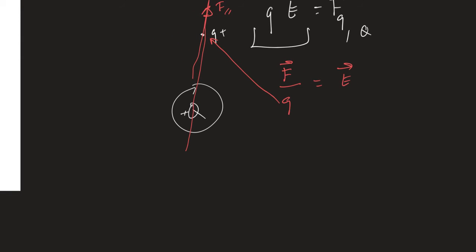So now our image is like this. This is capital Q. This is the point where little q was supposed to exist, but instead of the force, there exists another vector, the vector E. And what is the vector E? If q is 2, the vector E will be half of the vector F.